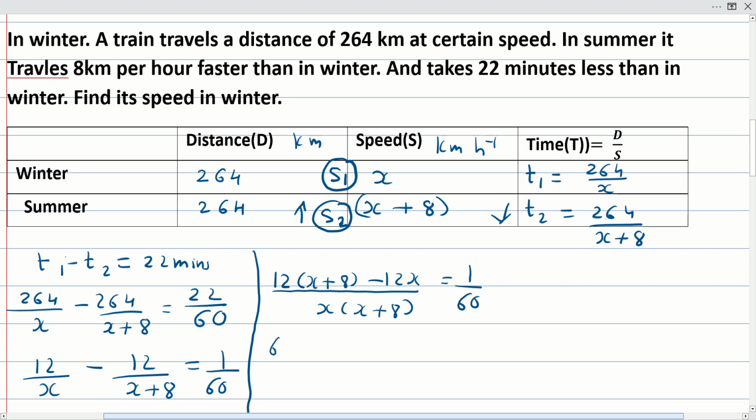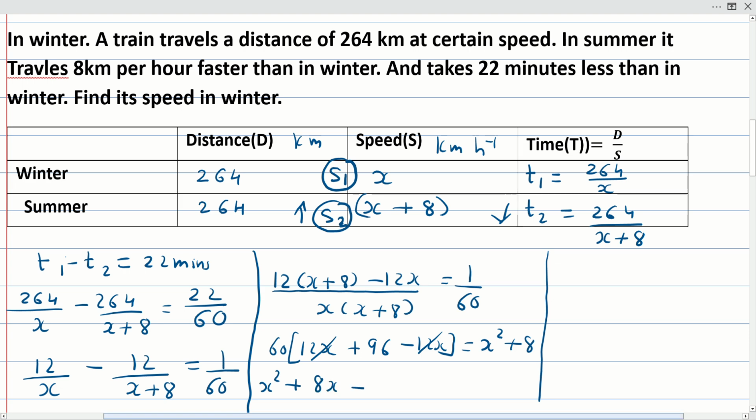When we solve this, 60 into (12x plus 96 minus 12x) is equal to x square plus 8x. So here 12x and 12x will get cancelled, and we are left with 96 into 60, that comes to x square plus 8x minus 5760 is equal to 0.